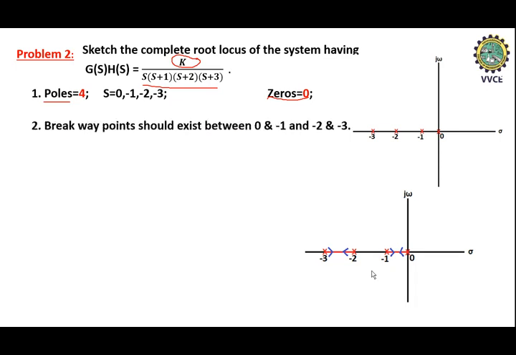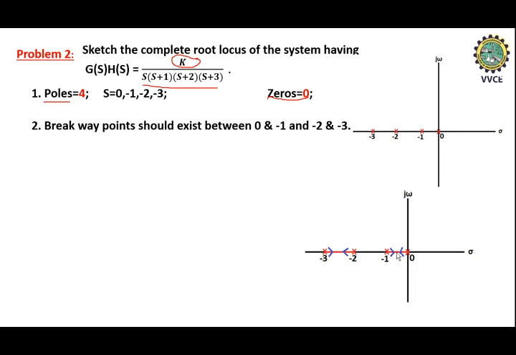You'll get to know why that direction is like that. Second point is that a breakaway point should exist between 0 and minus 1 and between minus 2 and minus 3. Why? Because here both the poles are moving towards the midpoint. That is, 0 is moving towards minus 1, minus 1 is moving towards 0. Somewhere they are going to meet at some point, and then they diverge in different directions in order to make those branches go to infinity.